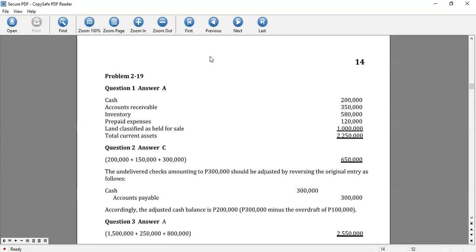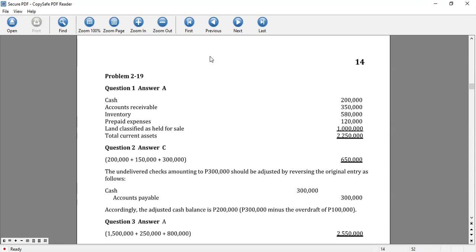Now you involve debit to cash, 300,000, credit to accounts payable. So the adjusted balance is 200,000, 300,000 minus the overdraft of 100,000.